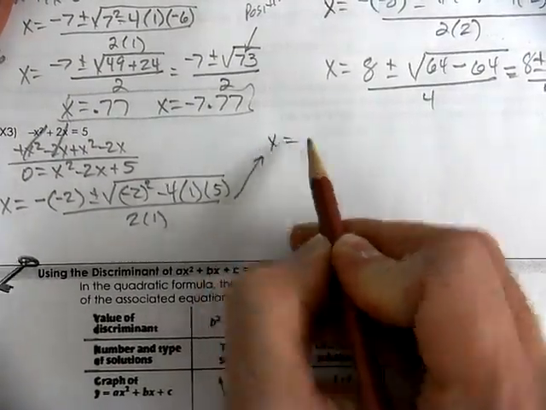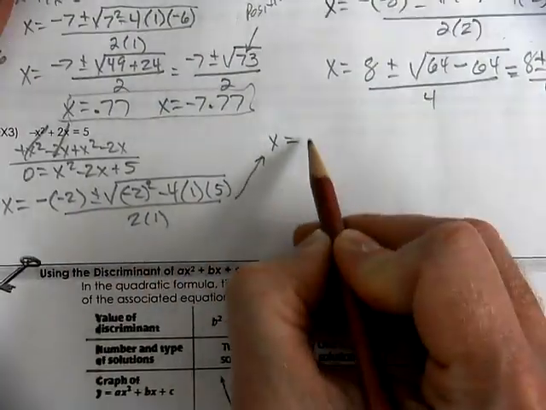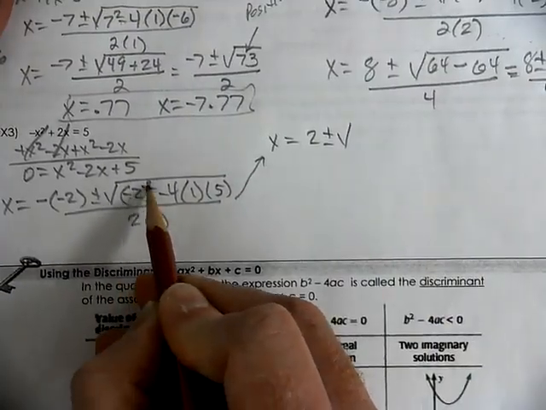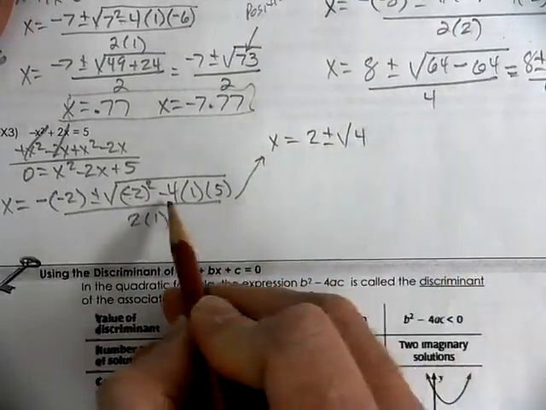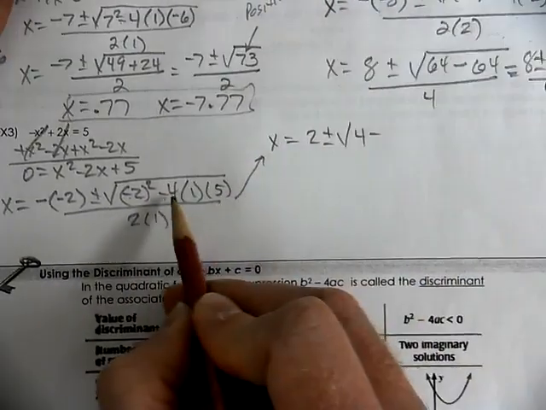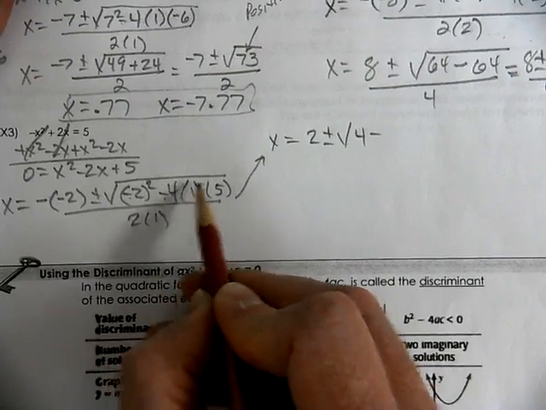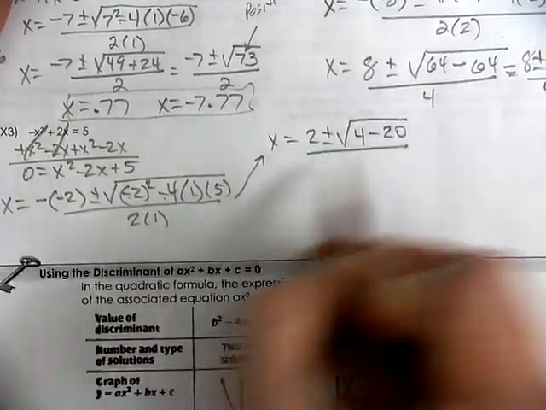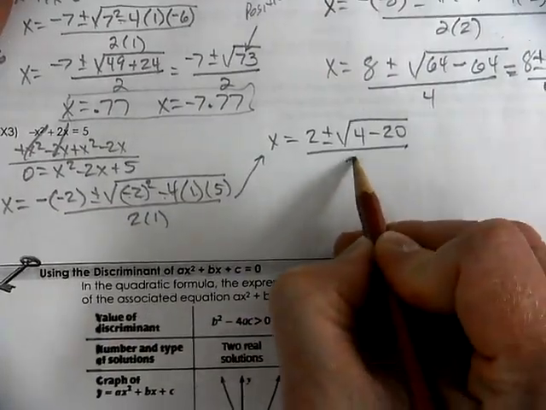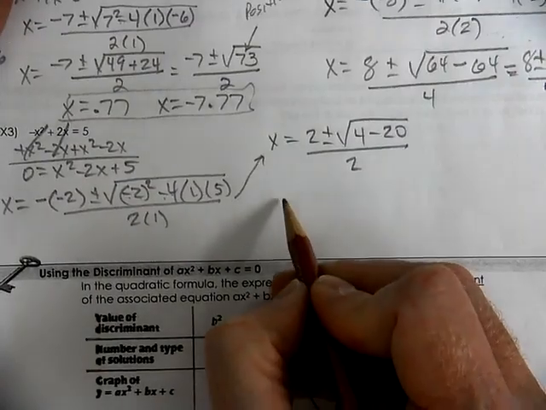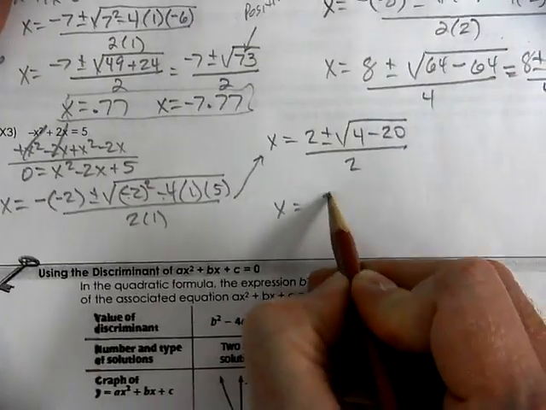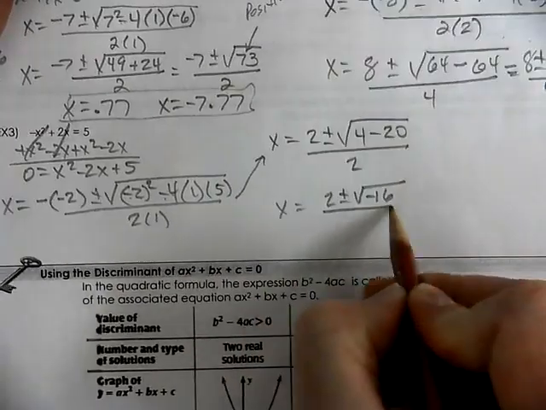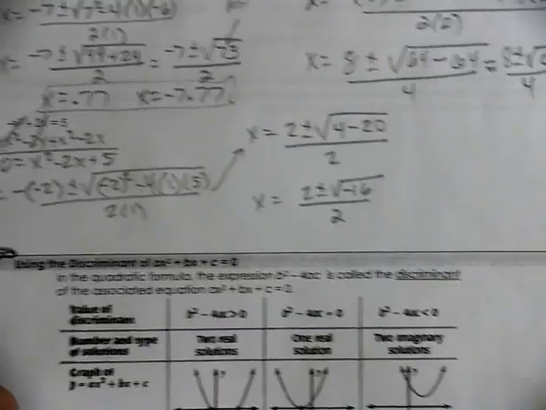So when we do that, the opposite of negative 2 is positive 2. Negative 2 squared is positive 4. Minus 4 times 1, that's 4, times 5, which is 20. All divided by 2. So that's 2 plus or minus the square root of negative 16, all divided by 2.